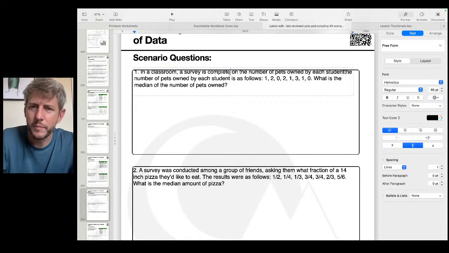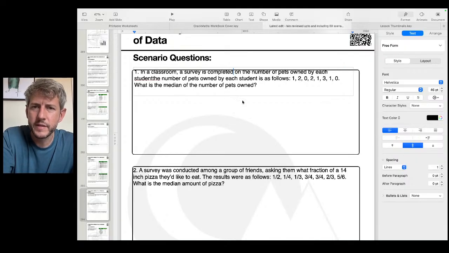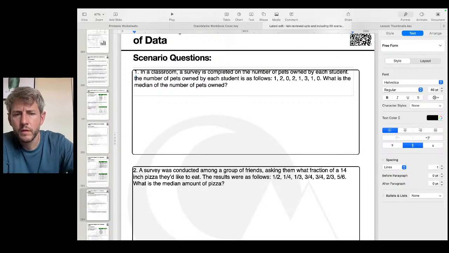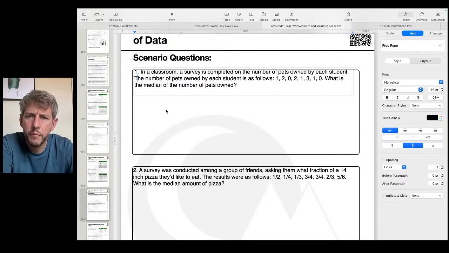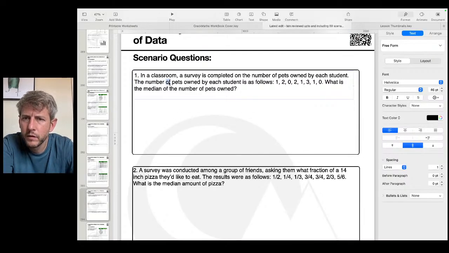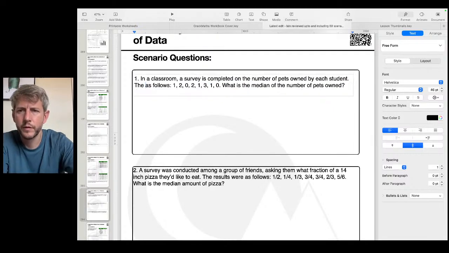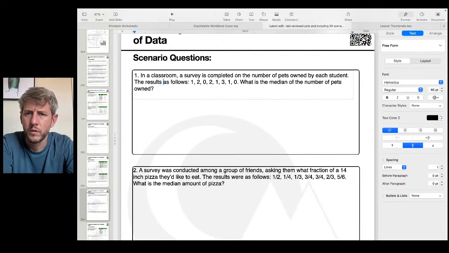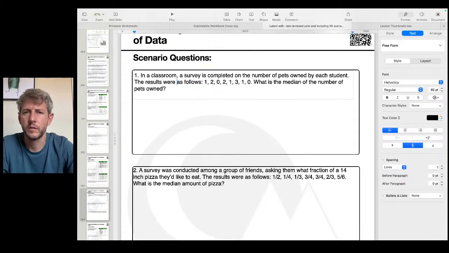In a classroom, a survey is completed on the number of pets owned by each student. The results were as follows.